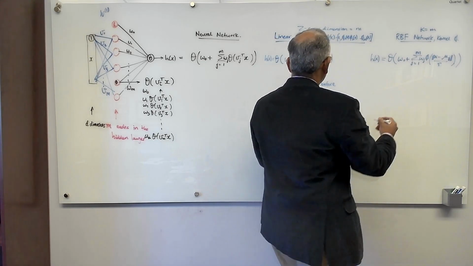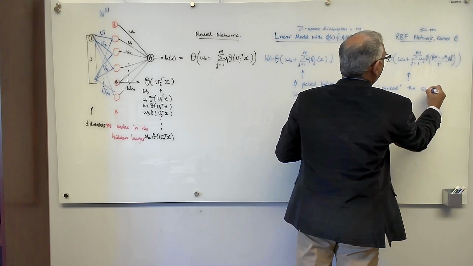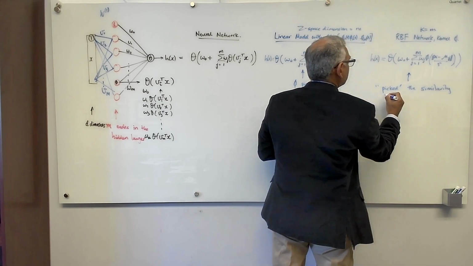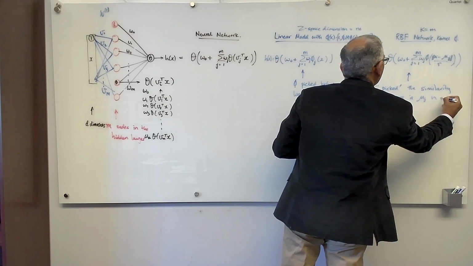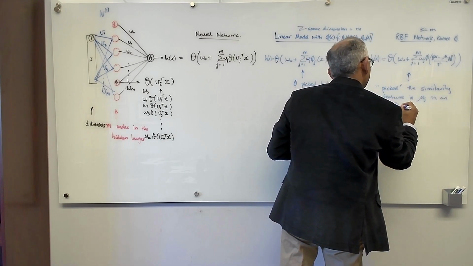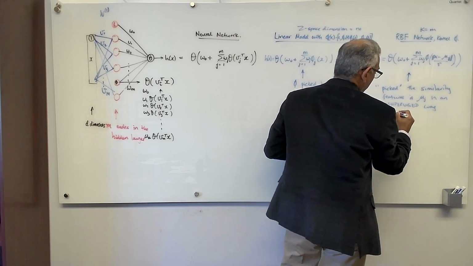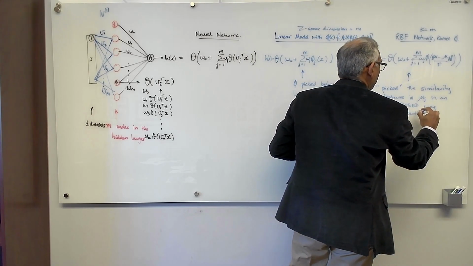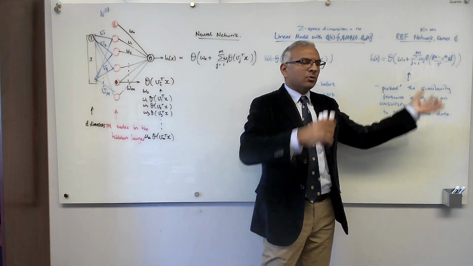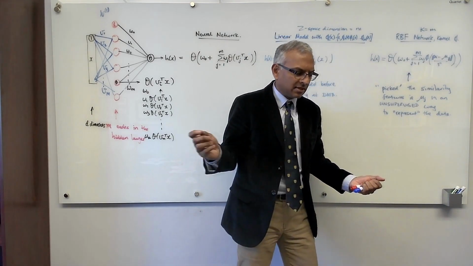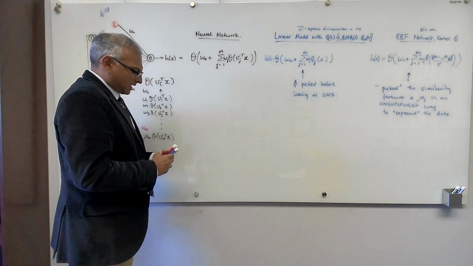So here we picked the similarity features, i.e. mu j, in an unsupervised way to represent the data. Represent meaning we're going to place bumps around the data, and we'll choose the bump centers in order to represent where the data points are.